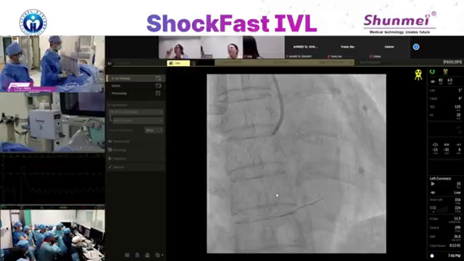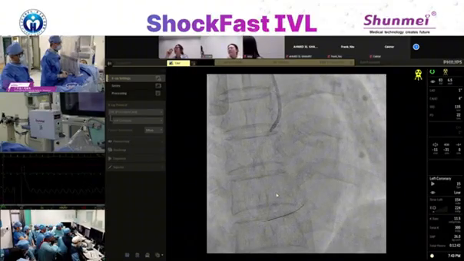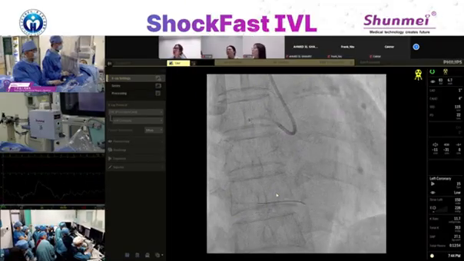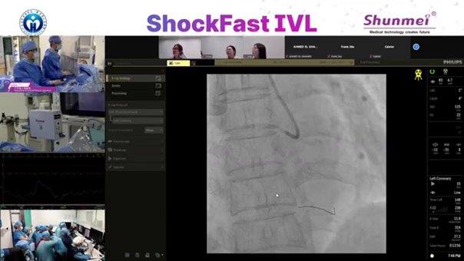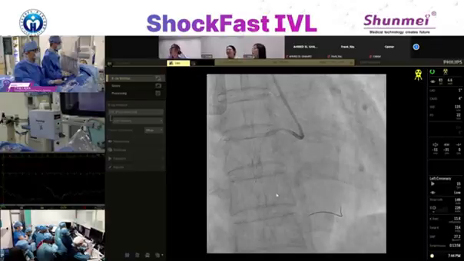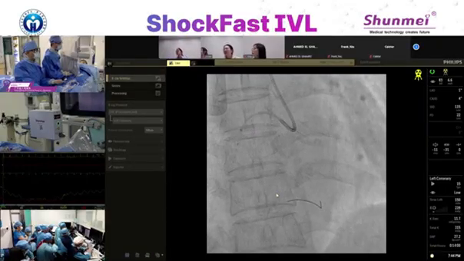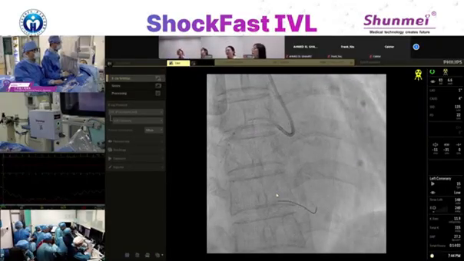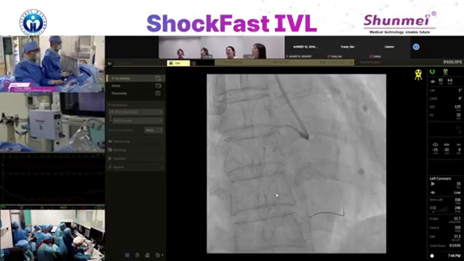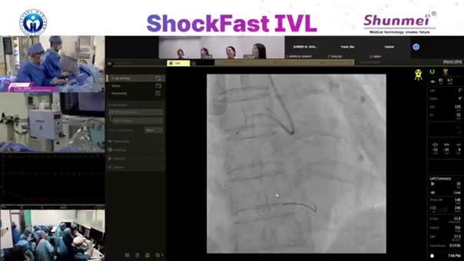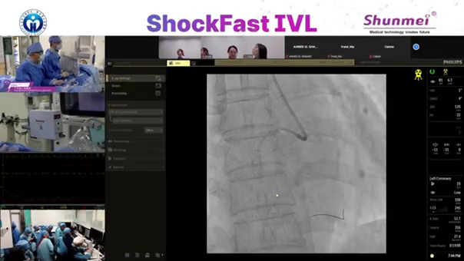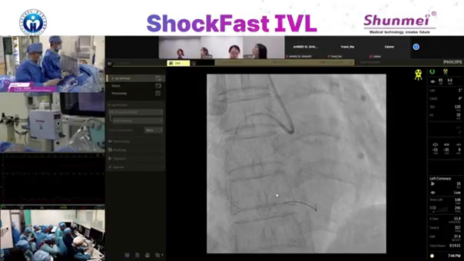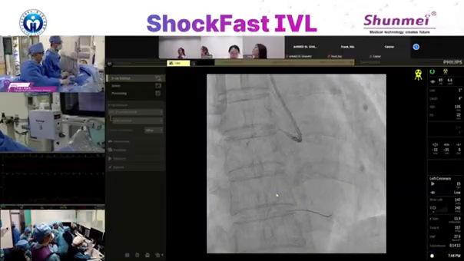Anyway, no, I don't like it. Very slowly, it can cross. But I'm concerned if it can go to so much distal. No problem, I opened it up. I don't know.